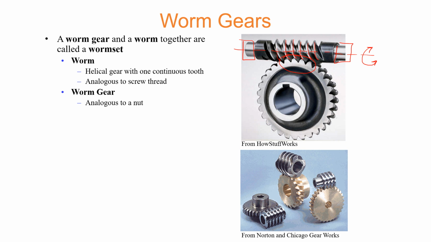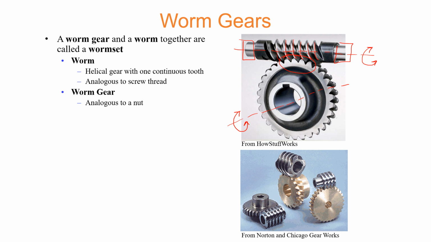But this is going to have a rotation about another axis, which is going to come in this orientation out of the screen. So you need to realize that when the worm is going to have a rotation about its own axis, you are going to have a rotation about another axis, which may be 90 degrees apart, with a different gear ratio.